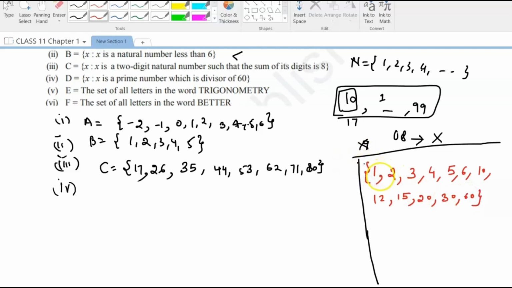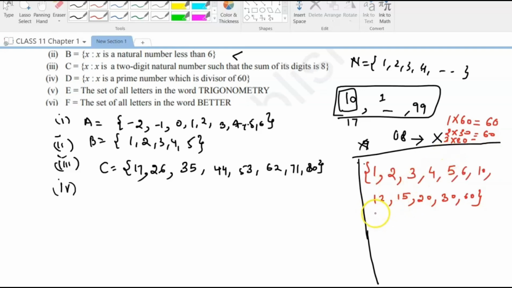So basically, you just need to see if you can find a natural number that, when multiplied, gives 60. So for 2, you have 2 into 30. For 3, you have 3 into 20 is 60. So it means that these numbers divide 60.